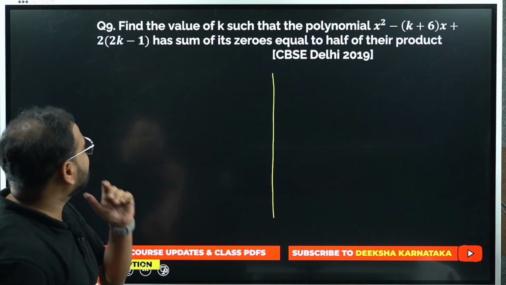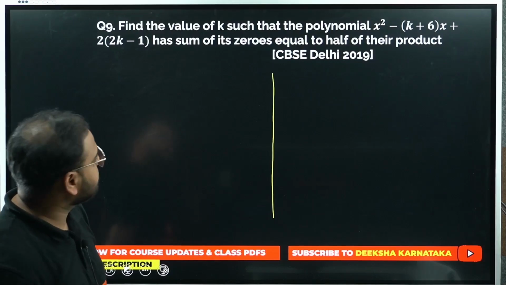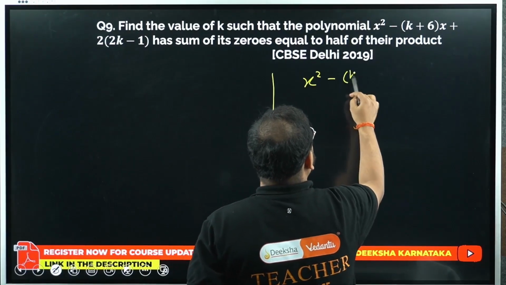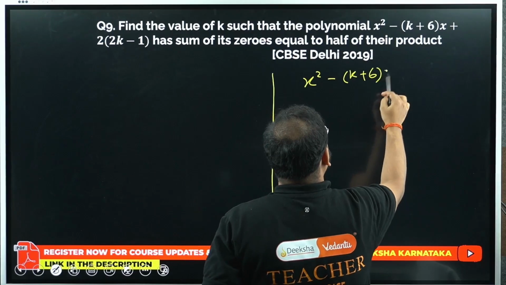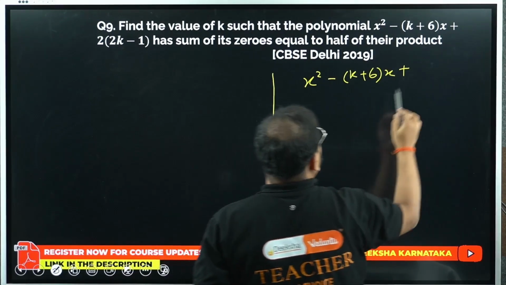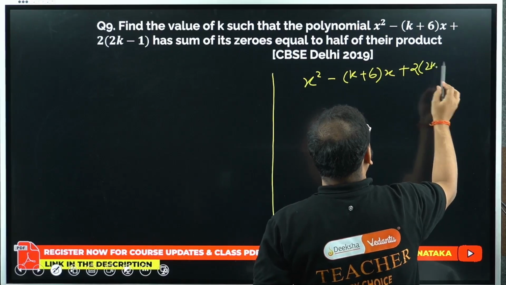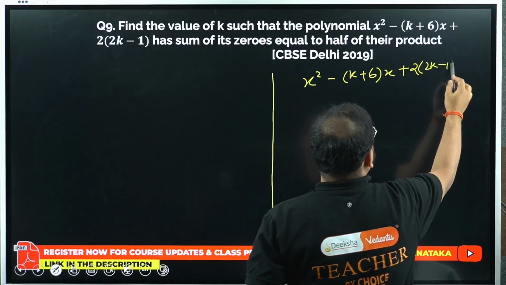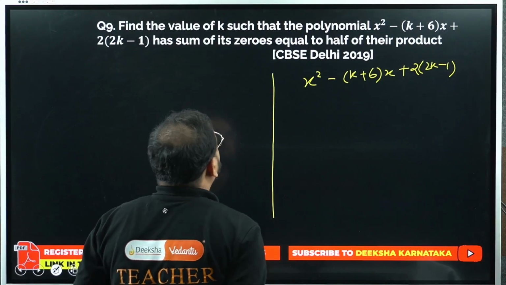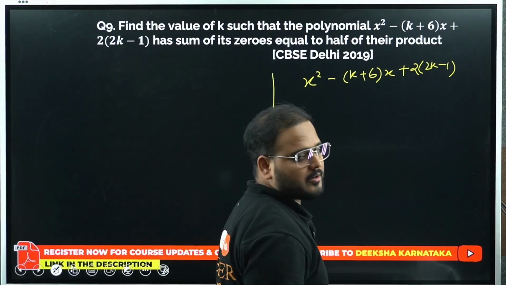What is it? Find the value of k such that the polynomial, let me write the polynomial, x square minus (k plus 6) times x plus 2 times (2k minus 1). Okay, they're saying that the sum of zeros is equal to half of the product.